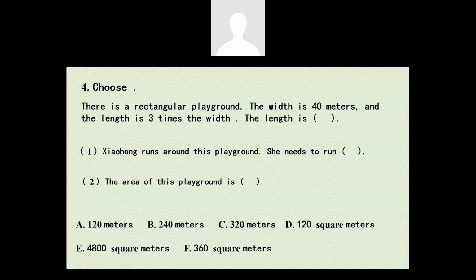Okay, let's do question 1, the length. Who can answer?